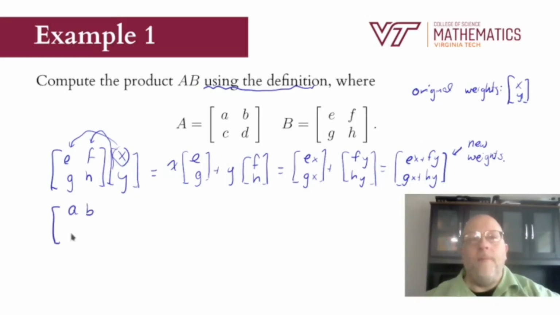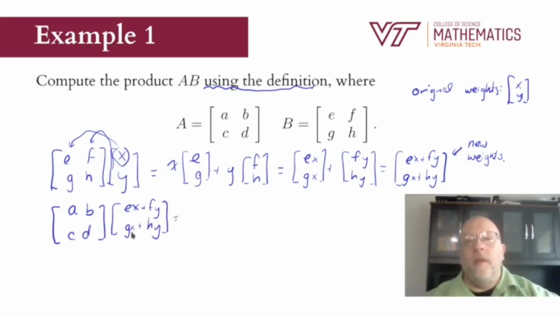And now we get A, B, C, D times these new weights, EX plus FY, GX plus HY. And the first weight gets assigned to the first column. And the second weight gets assigned to the second column.